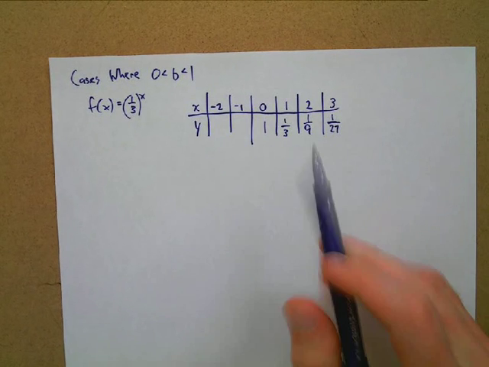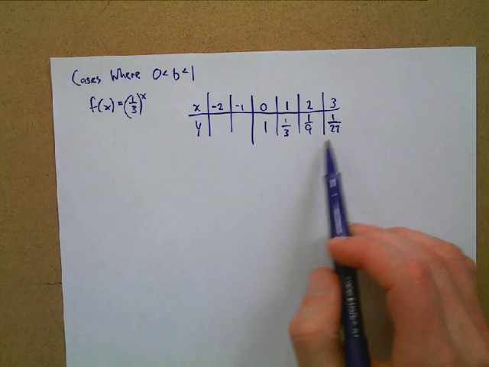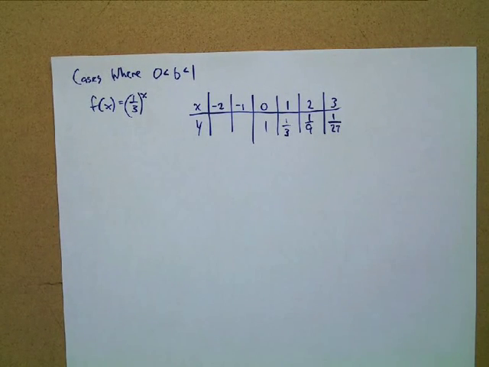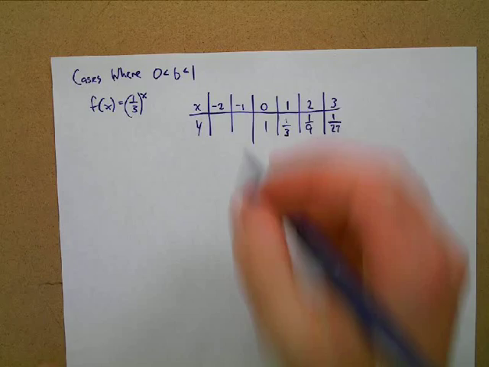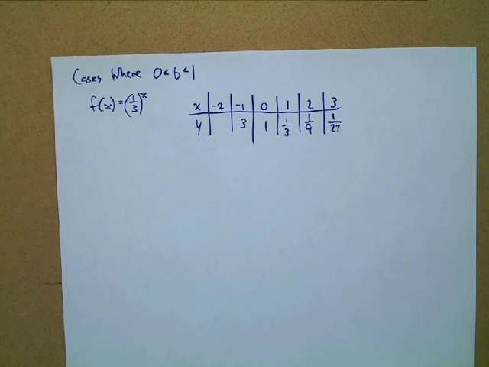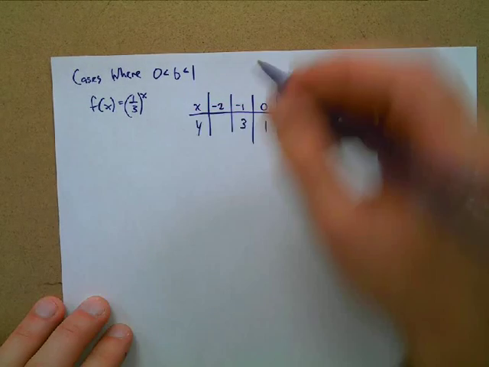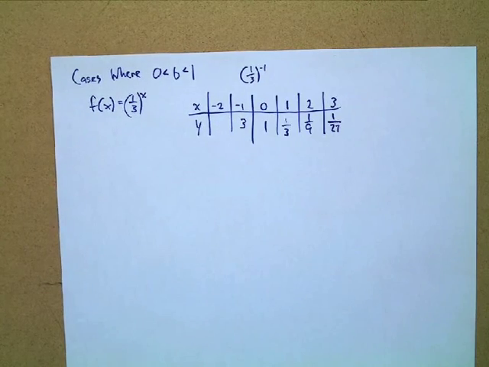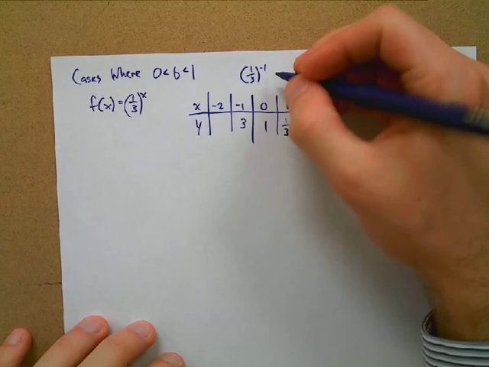Anytime you raise something to the negative 1 power, you can think of it as the reciprocal, so it's really going to be 3 there. And likewise, 1/3 to the negative 2, what should that be then? 9. Yeah, that's right. And so then, likewise, we can graph.